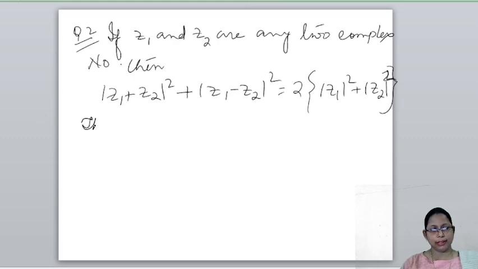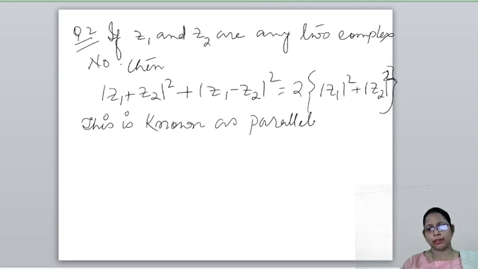This is known as the parallelogram law of complex numbers.